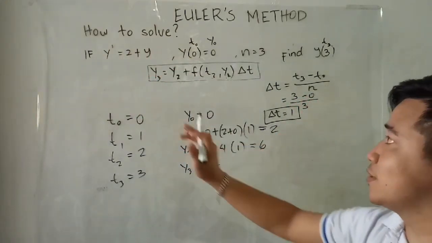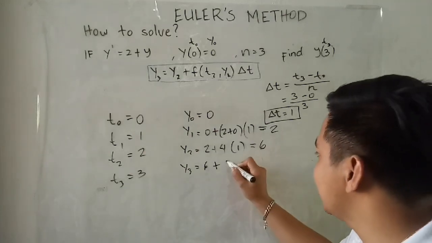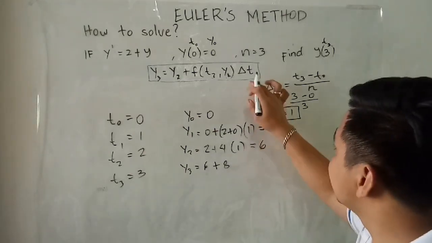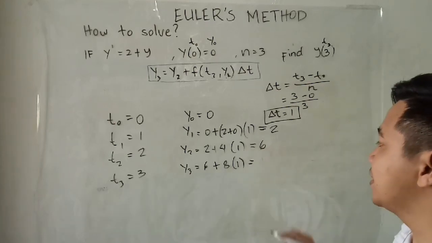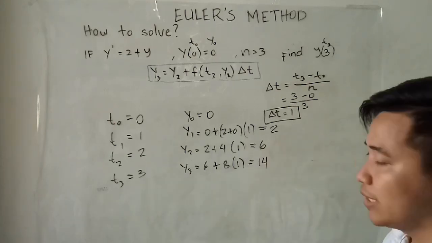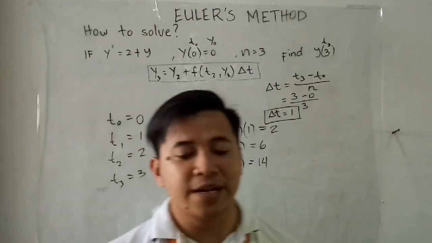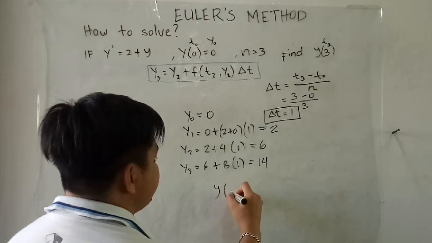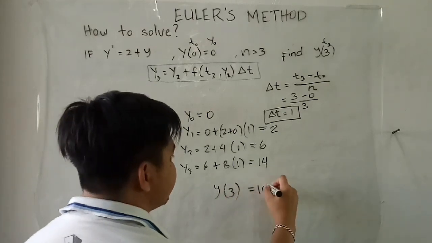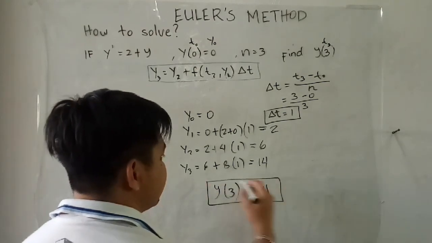So 2 plus 6 is equal to 8. And the delta t, which is 1. So 6 plus 8 is equal to 14. And this is the value that we are looking for. So our y sub 3 is equal to 14. And that's it.